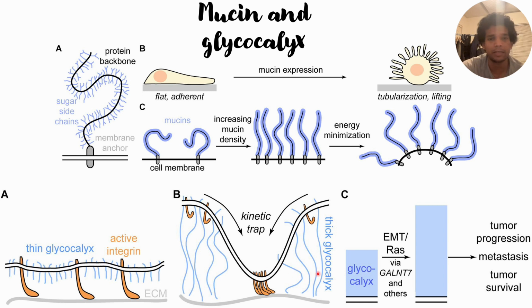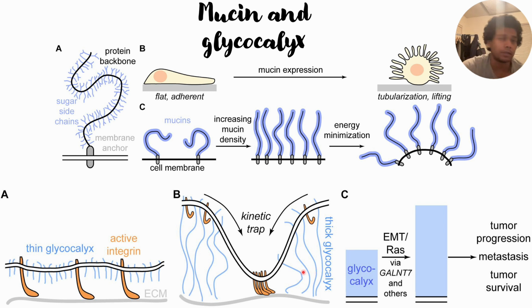However, these things will not be able to survive for a longer duration, and as the cells are progressing towards being tumorous cells, there are several mutations that promote an increase in the glycocalyx thickness, such as the RAS mutation, GALNT7 mutations, and also the KRAS mutation, that will promote glycosylation.